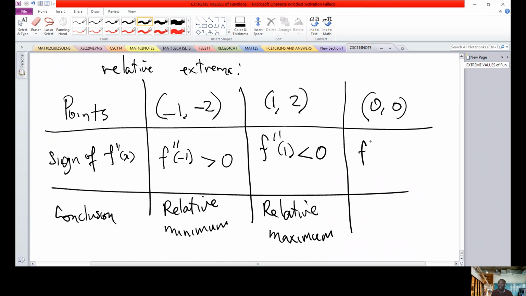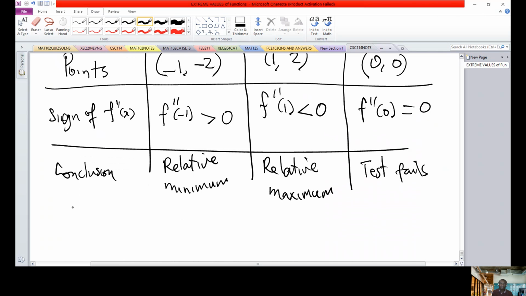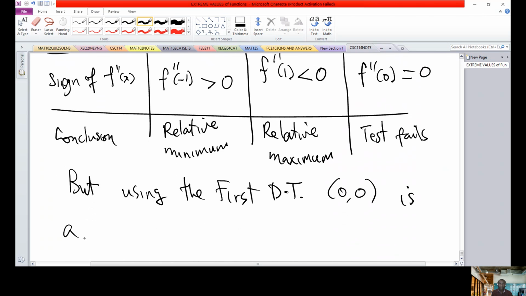And then at 0, the second derivative test fails. But using the first derivative test, 0 is a point of inflection.